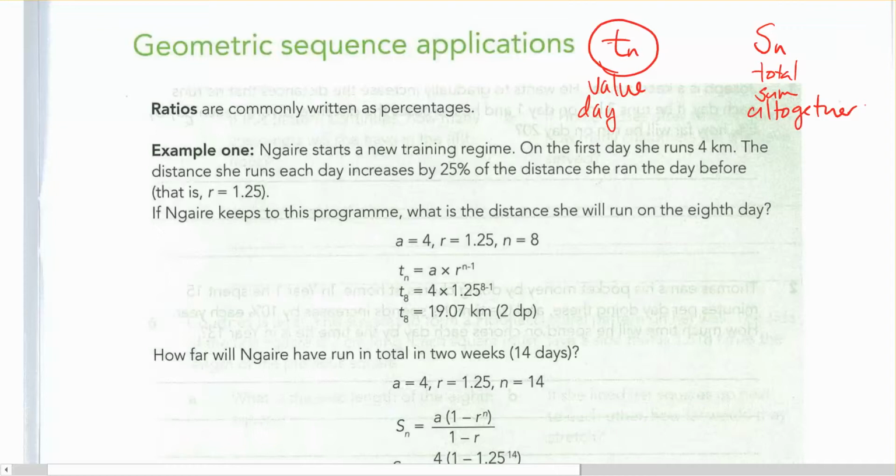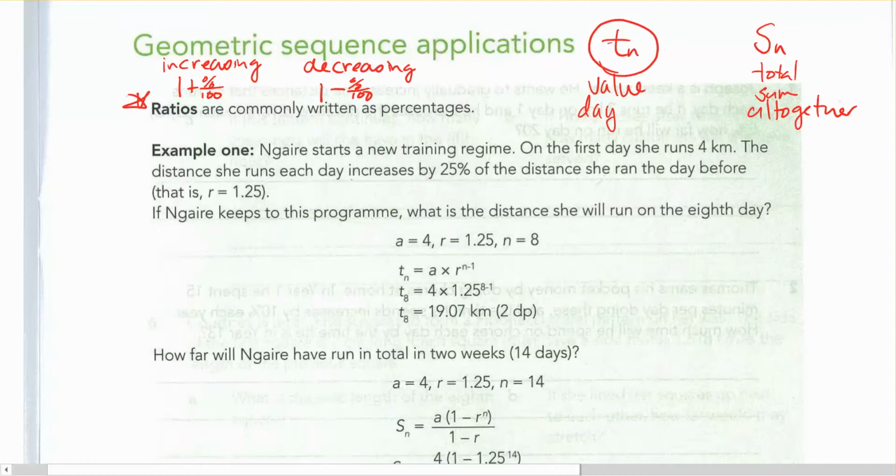And for geometric sequences, we do have to keep in mind that the ratios are commonly written as percentages, like they've said here. And we've got to remind ourselves if we're increasing, again, that's going to be 1 plus the percentage over 100. And if it's a decreasing percentage, you're going to go 1 minus the percentage over 100, turning that into a decimal.